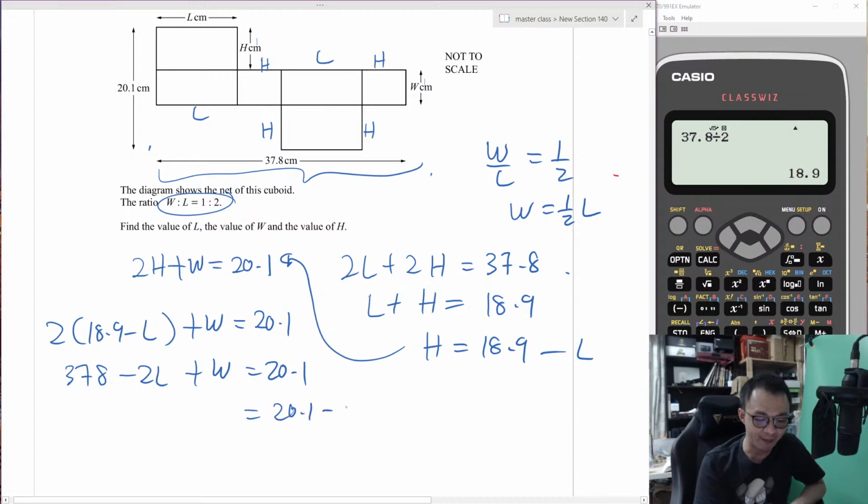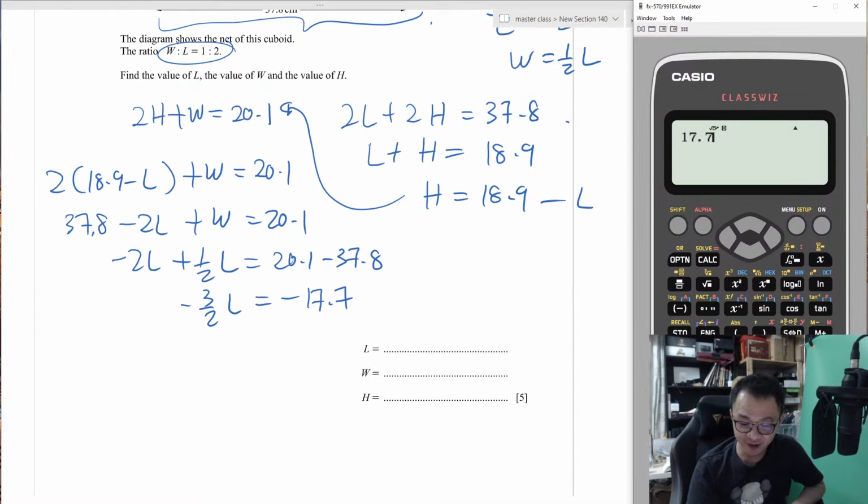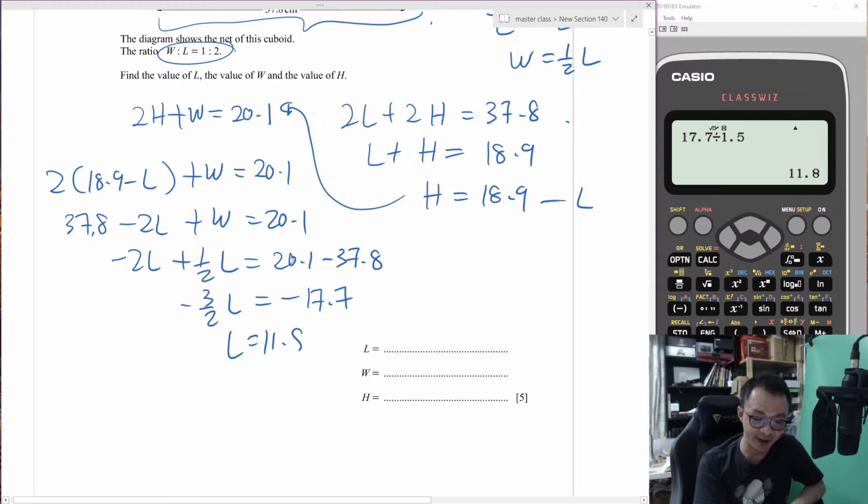So 20.1 minus 37.8. There's a point here. So negative 2L plus half L here. So it's negative 3 over 2 L equals to negative 17.7. So 17.7 divided by 1.5. Alright, so L is 11.8. So H is 18.9 minus 11.8, so it should be 7.1.